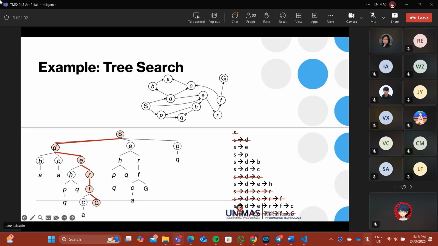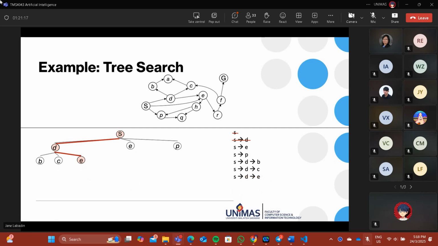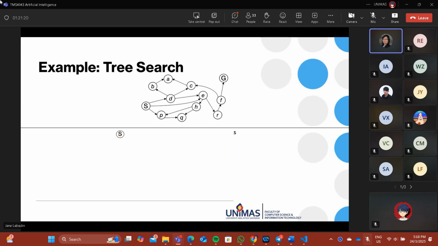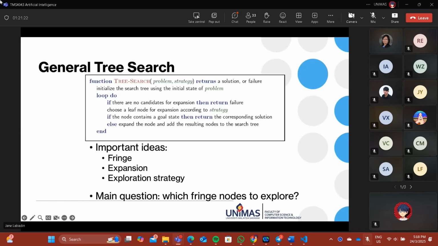Somehow the strategy here is taking all on the right, the far right. But of course, remember the algorithm: every time you check if the node contains a goal state. So once you expand, following your strategy, you need to check whether you have the goal state after you expanded.